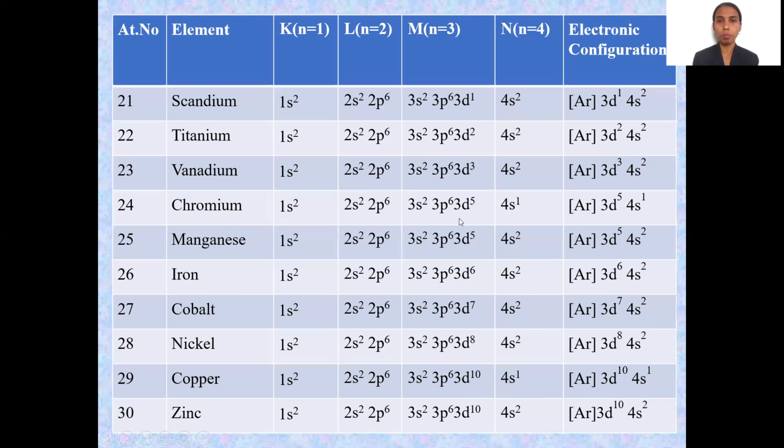See here, chromium electronic configuration is 3d5 4s1 and the copper electronic configuration is 3d10 4s1. Actually the expected electronic configuration of copper will be 4s2 3d9. Okay, 4s2 3d9, but the observed electronic configuration is 3d10 and 4s1.